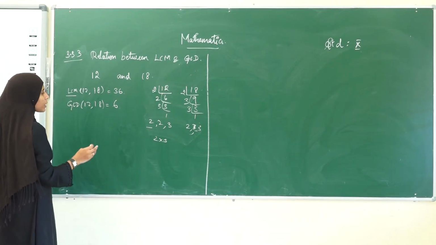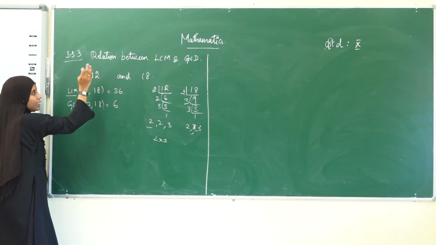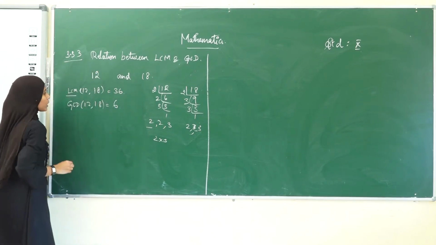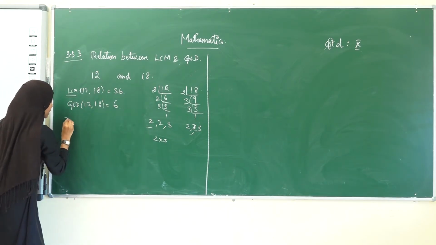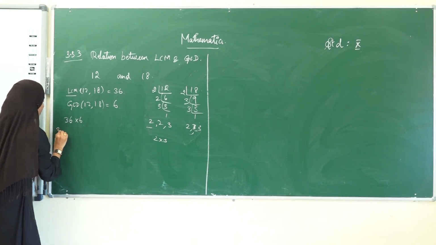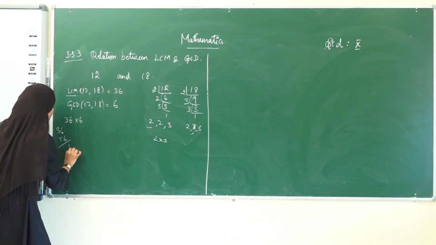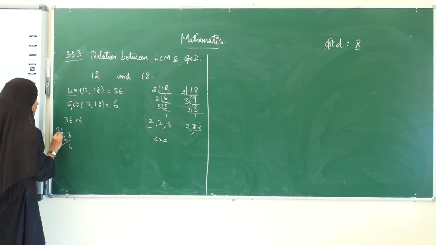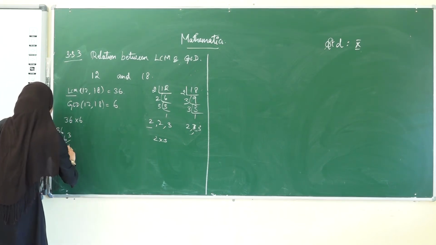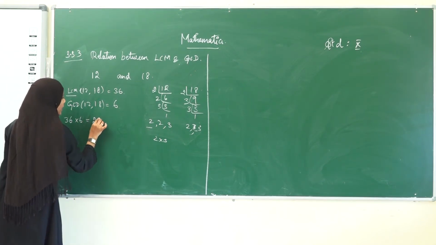Okay, now let us find what is the relationship between the LCM and GCD of these numbers. See here, when we multiply 36 into 6, what do we get? 216.